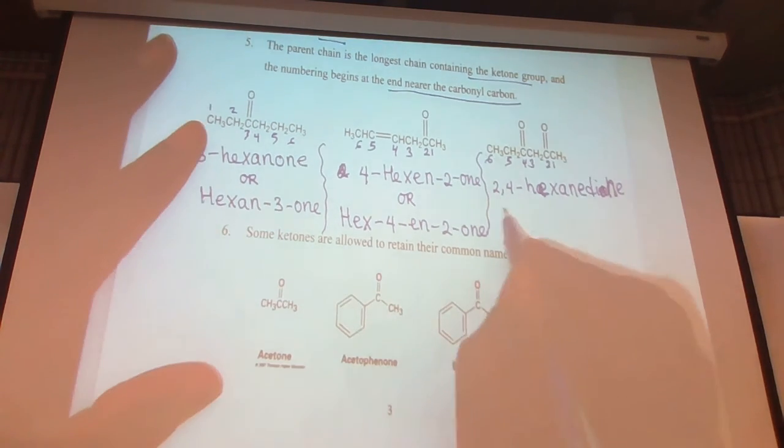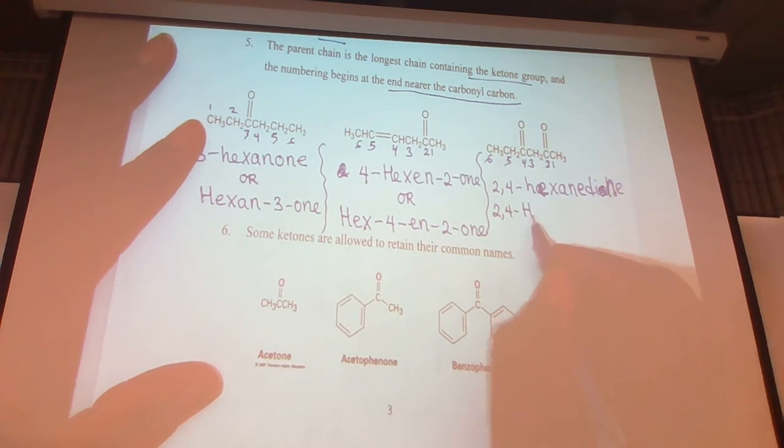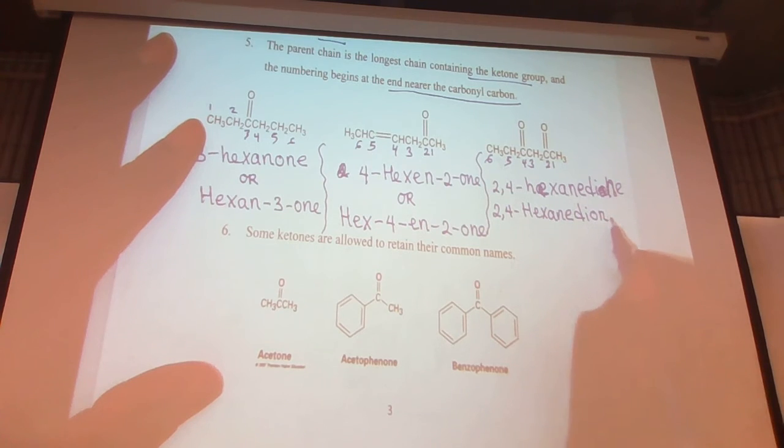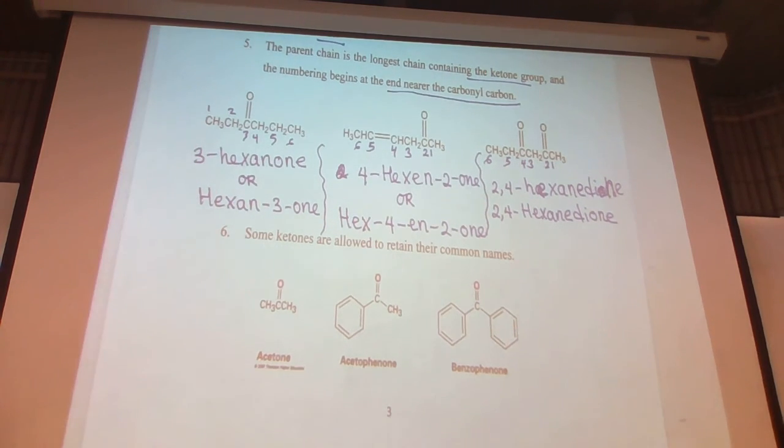Let me write it out clearly. 2, 4, hexanedione. So we keep the E, put dione. It's not hexadione. You keep the N and the E. Pentane dial.